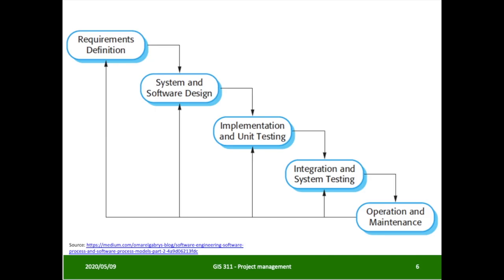What I mean with this, if we look at this, is we define the requirements, we do the system design, we do the implementation and testing, the integration and testing, and the operation. Although there is options to go backwards, there's not really a very clear iterative approach here.